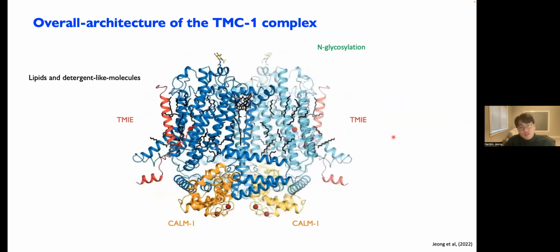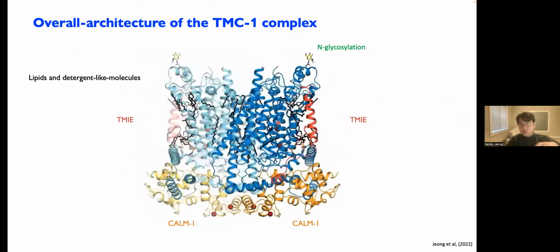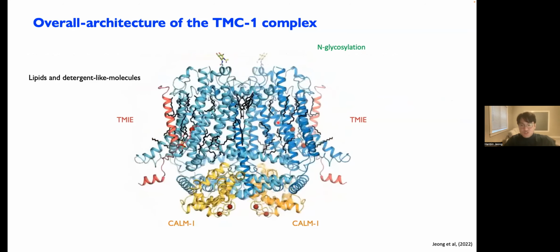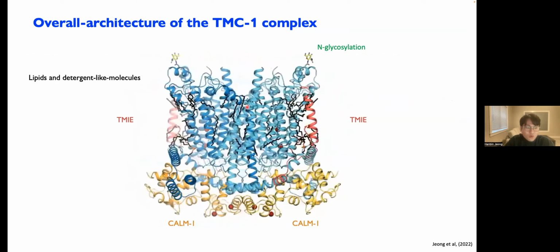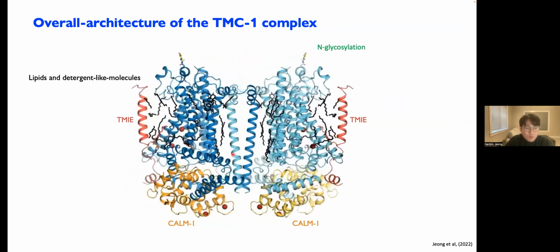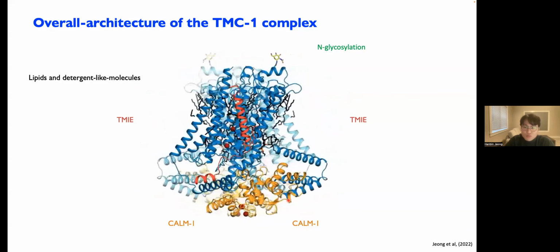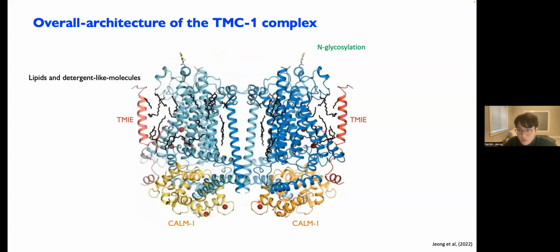And yeah, these movies help you to understand the overall structure of the complex. And as I mentioned, the last transmembrane helix is located here, in a domain-swapped manner, and the TMIEs and calcium-binding proteins are here, red and yellow respectively.